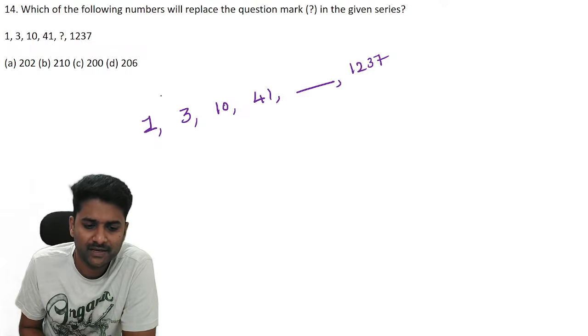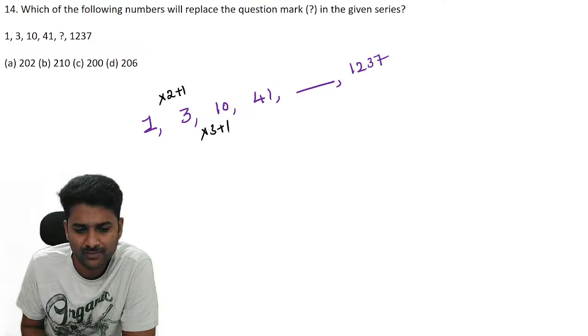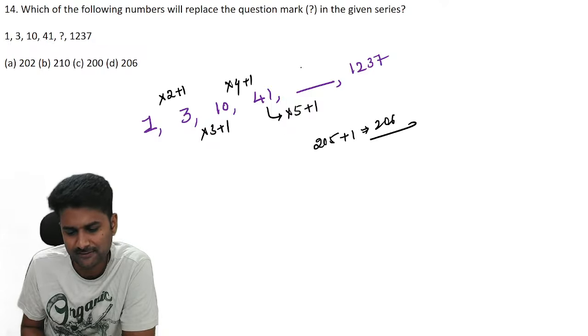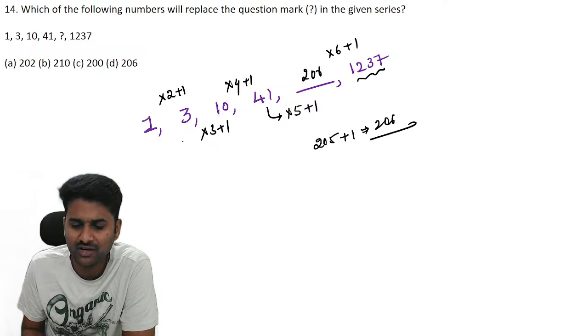Now see, 1 becomes 3 means it's into 2 plus 1. Again 3 into 3 plus 1 is 10, and 10 into 4 plus 1 is 41, and the next number is into 5 plus 1. So 41 into 5 is 205, and add 1, then the result is 206. You can check: if you multiply by 6 plus 1, then it becomes 1237.